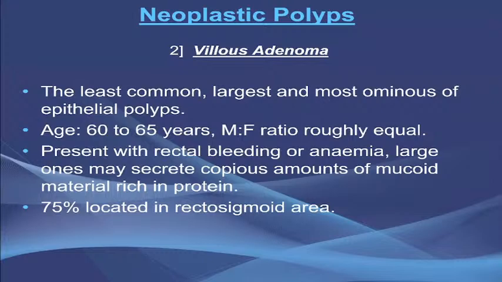Large tumors may secrete copious amounts of mucoid material that is rich in protein. And as with the tubular adenomas, they're most common in the colorectal area. So the rectosigmoid is the commonest area where 75% of villous adenomas occur.